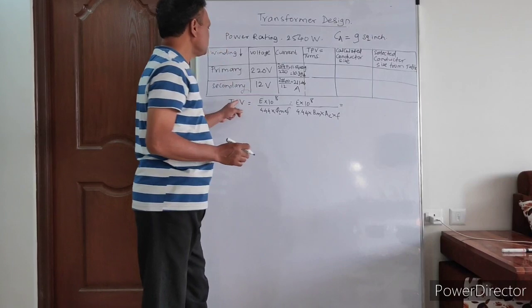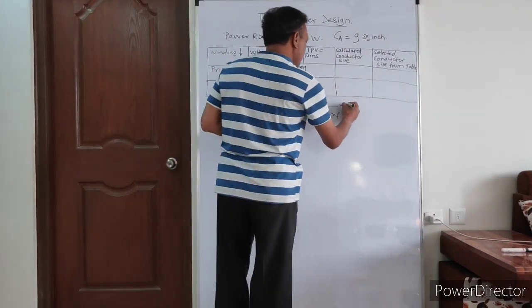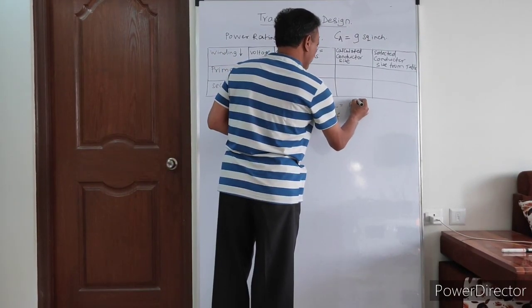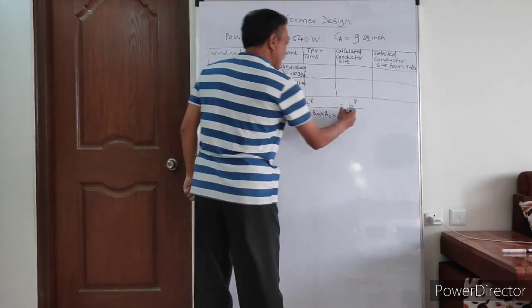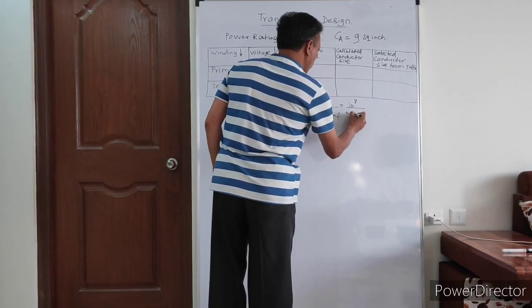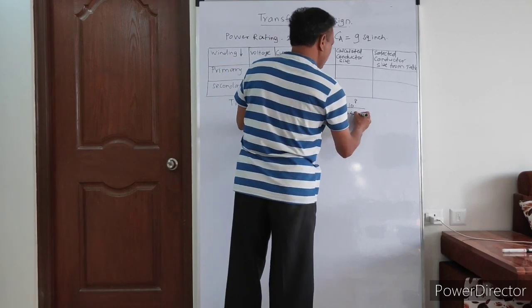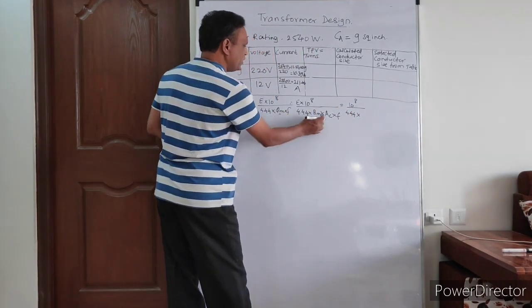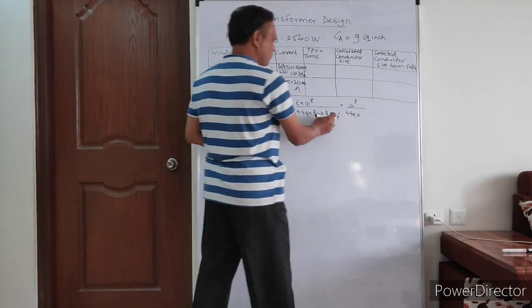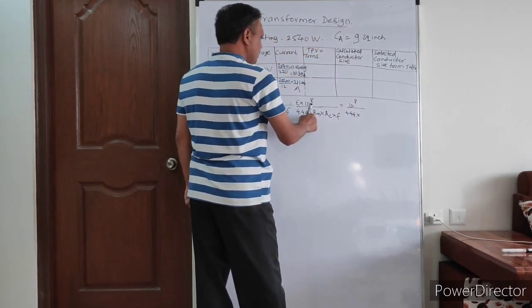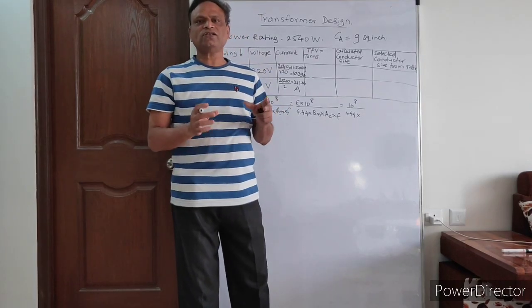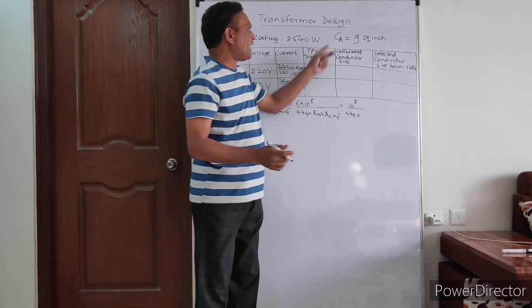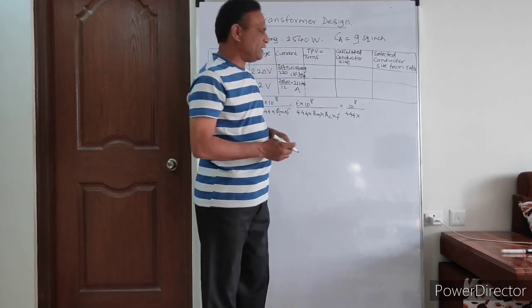So I am writing turns per volt, means my volt will be 1. So 1 into 10 raised to 8 is 10 raised to 8. I will write here 4.44 into Bm. I have split this phi as Bm into AC, area of the core. So keep it in mind, Bm we have to take as 60,000 lines of force per square inch, as we are making all the calculations in inches.